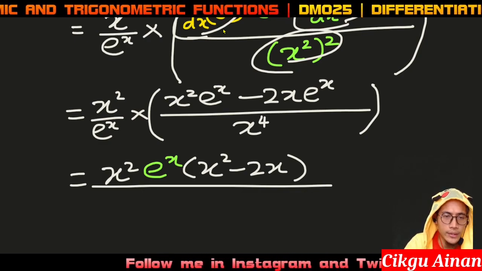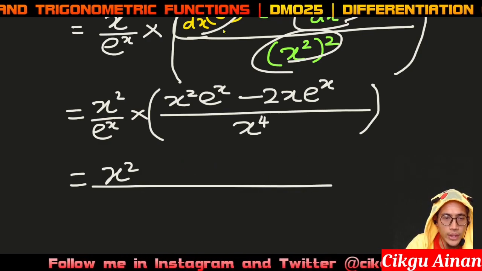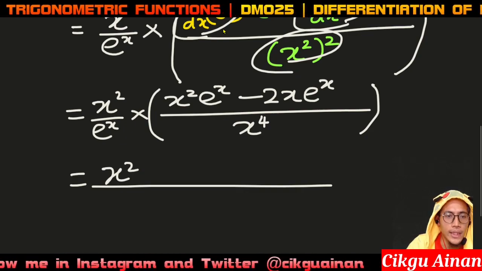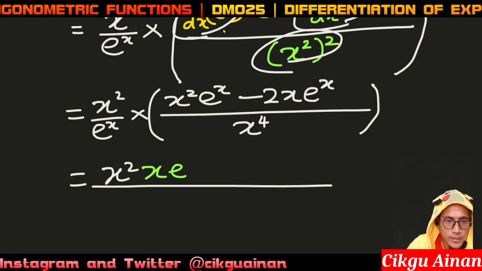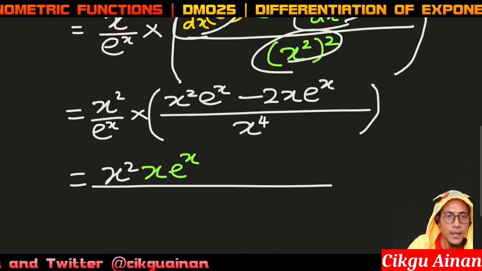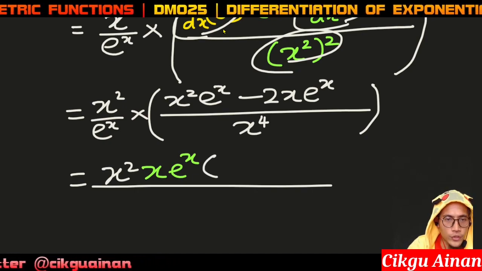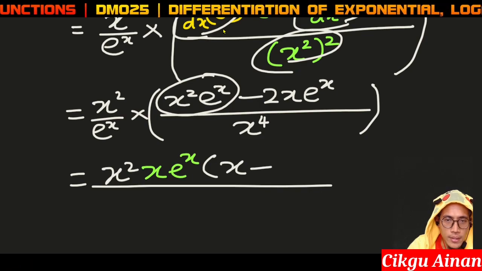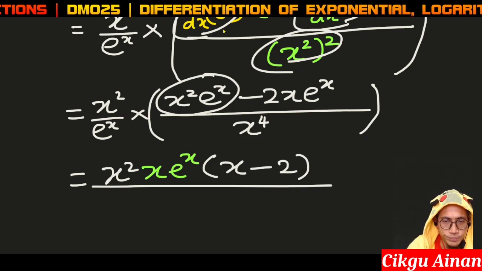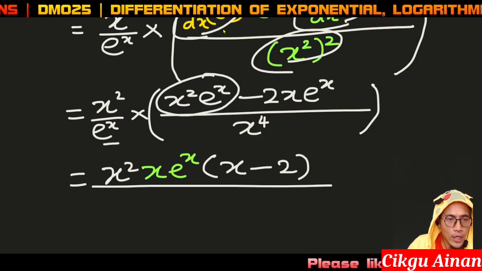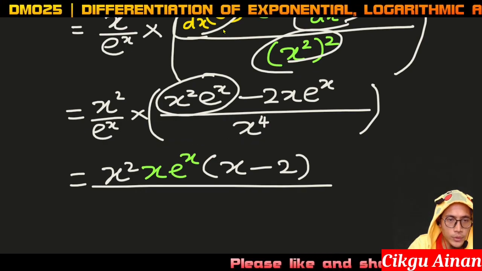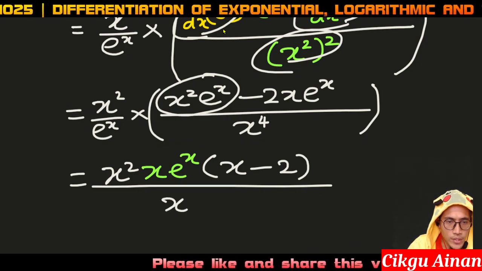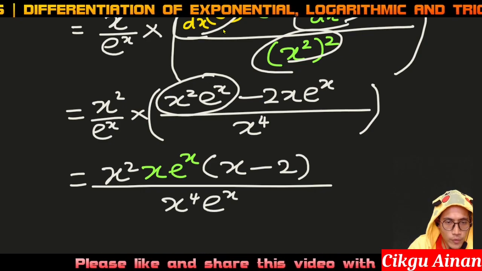x also can. Oh, x also can. I'm sorry, we can take out x e to the power of x. For this one, we take these two out already. What's left is x minus 2. And then down here, we just put them next to each other like that. So x to the power of 4 e to the power of x.